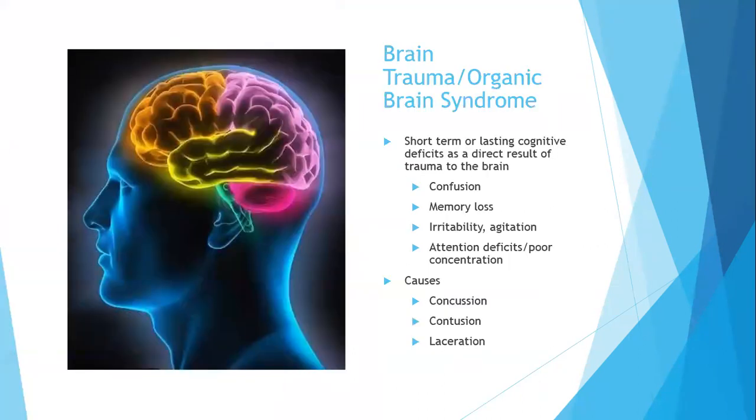Organic brain syndrome can be a short-term or lasting cognitive deficit as a direct result of trauma to the brain. Sometimes people have a concussion or some contusion or laceration to the brain from a trauma, and it causes them confusion or memory loss or irritability and agitation or poor concentration and attention deficits.